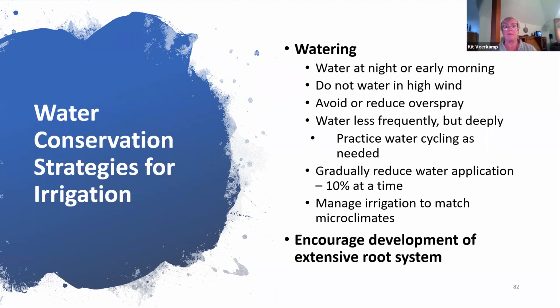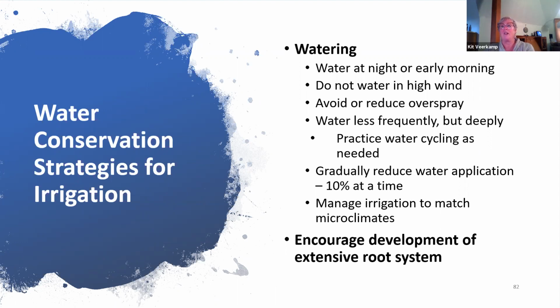So it's usually better to water in the early morning versus night. Don't water when it's windy. Now you can with dripper line systems because you're applying the water right there at the ground, and it should be under a layer of mulch anyway, so you're not losing any water, so wind doesn't matter in that case. You want to avoid and reduce overspray if you're using sprinklers.